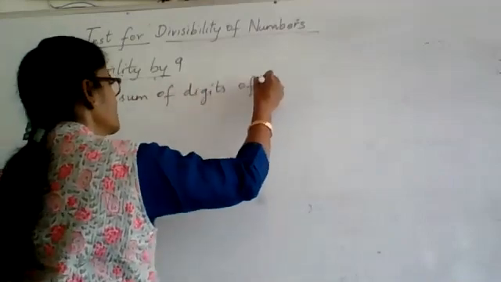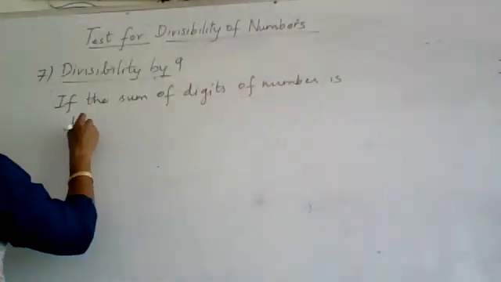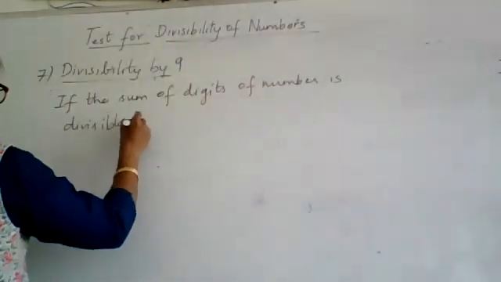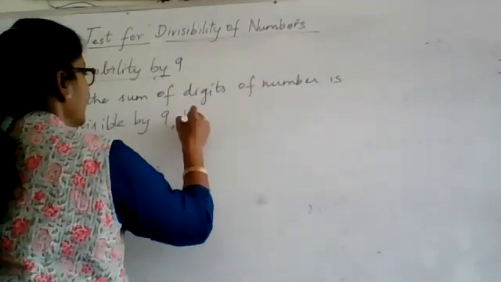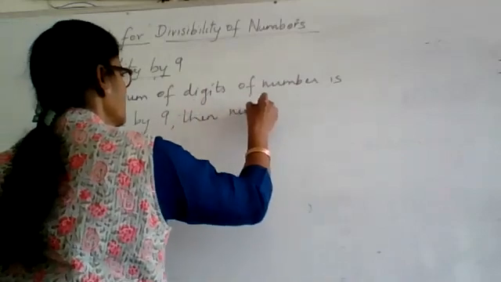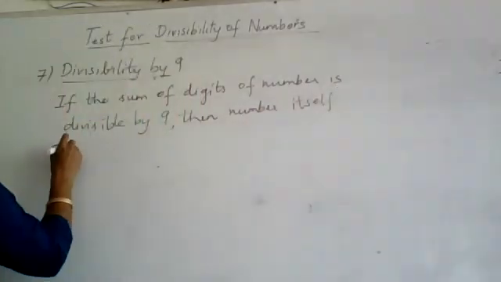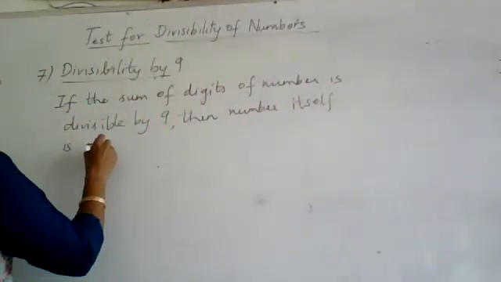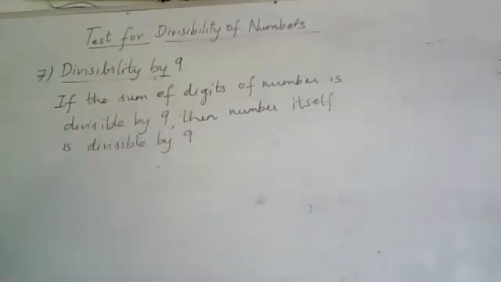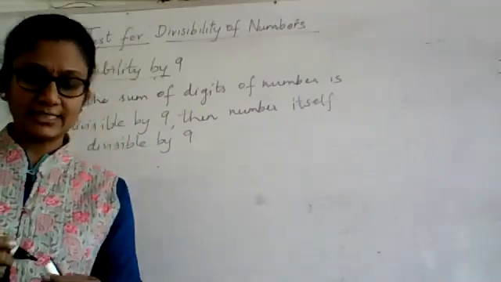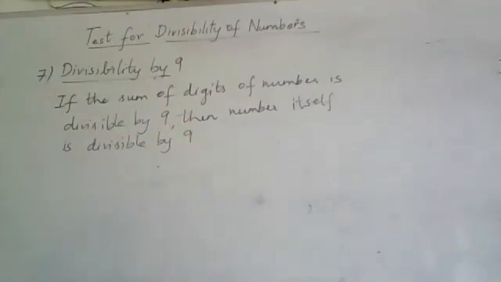If the sum of the digits of a number is divisible by 9, then the number itself is divisible by 9. Okay, so this is the divisibility for 9. Like we have added all the digits in the case of 3, here also you are going to add all the digits.